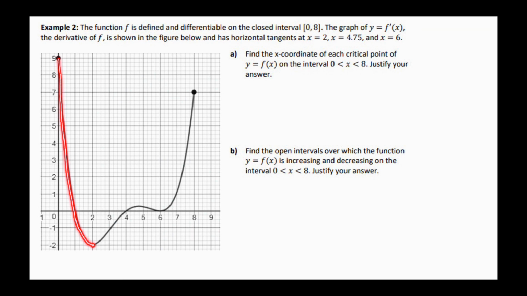So 2 is going to be one of them. And then it goes over here and changes right here, at this value, 4.75. And then it changes one more time from negative to positive at 6. So these guys right here are my points of inflection. Justification, because f double prime changes signs.